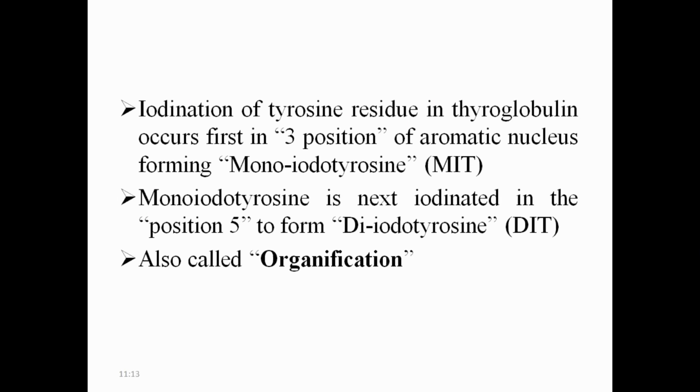So first, iodine enters the third position of the aromatic nucleus to form monoiodotyrosine, and after its formation, the second iodine is inserted at the fifth position to form diiodotyrosine. The process of binding of iodine to the aromatic nucleus of tyrosine is called organification.